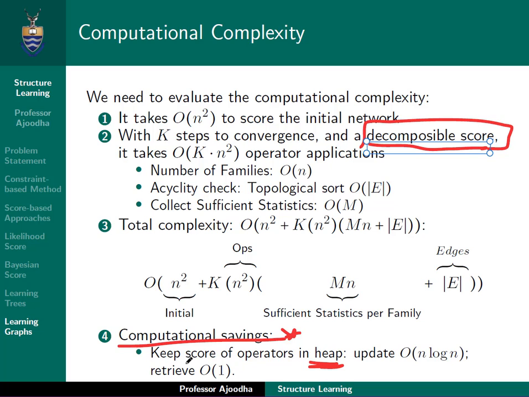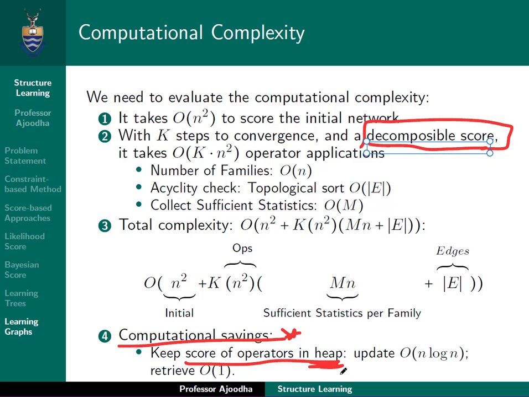So for example, you're keeping the score of the operators in a heap, and because at the top of the heap, remember, you can model a priority queue, the highest scores will be at the top of the heap.